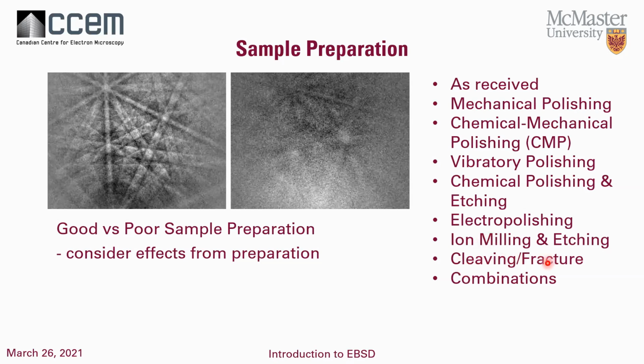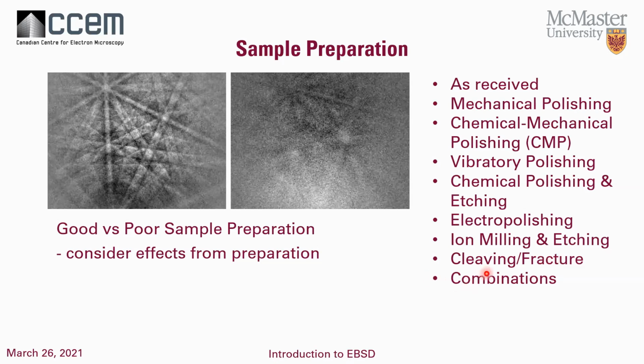Also, the material may be brittle enough that you can fracture it, or you might do it in liquid nitrogen, for instance, in order to get a surface that you can do EBSD on, but you have to keep in mind surface roughness and the angle will have an effect on the EBSD you collect.